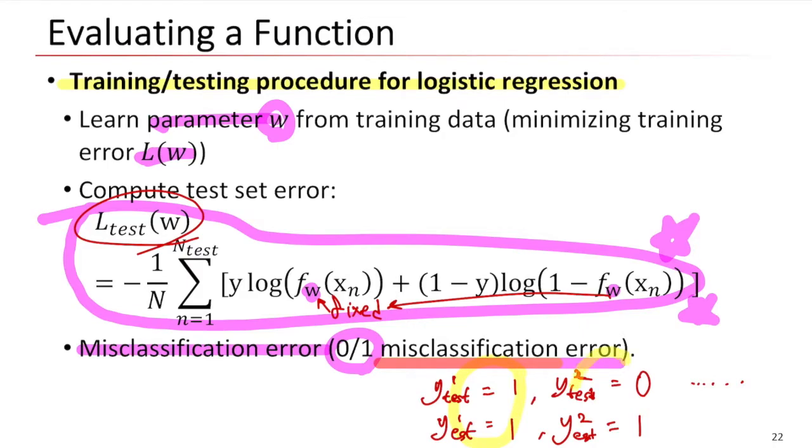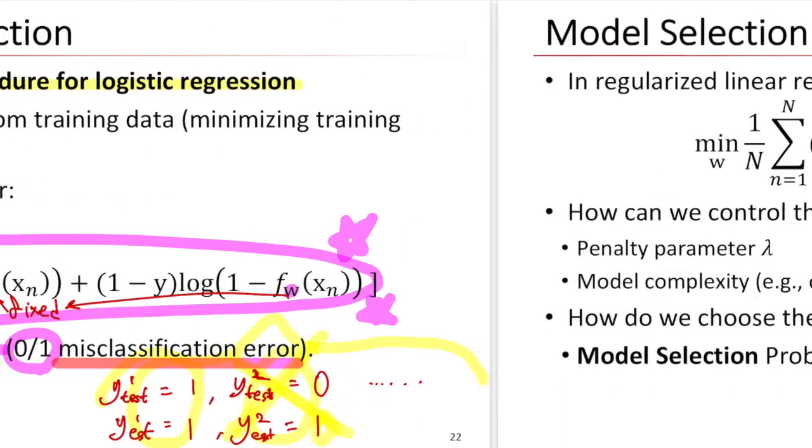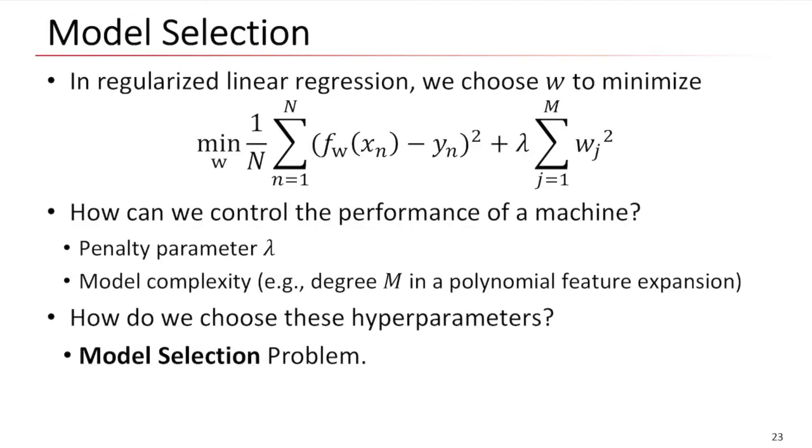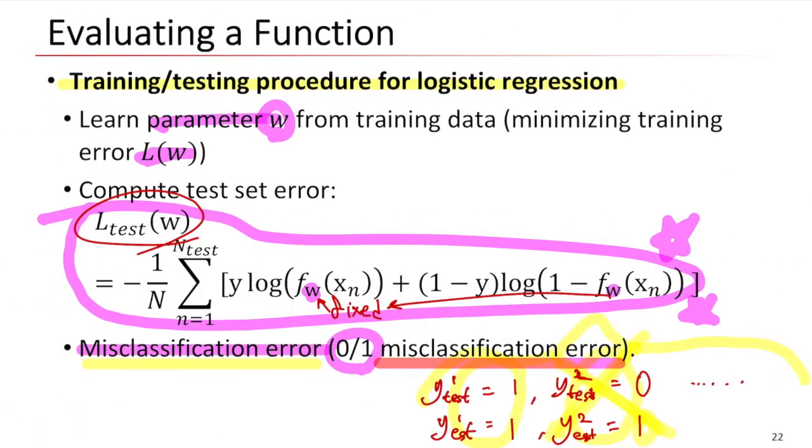But for sample 2, it has a wrong prediction, because it should be 0. So this is a misclassification. By measuring the number of misclassified samples, we can compute the misclassification error. So this is another way to estimate the error, and this is a way to diagnose.